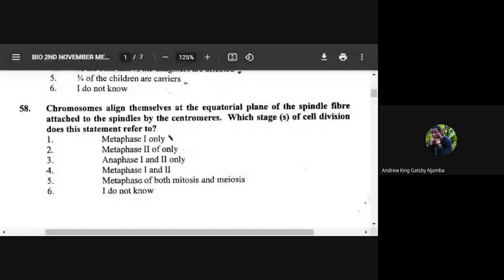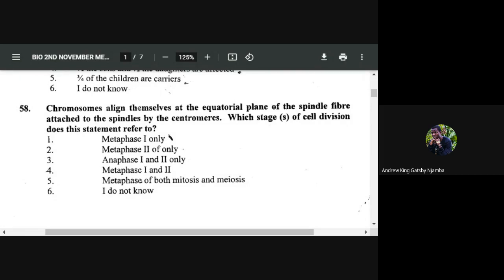And you can't go for option 5, metaphase of both mitosis and meiosis, because meiosis has 2 types of metaphase, so that wouldn't make sense. Anaphase talks about chromosomes not aligning but going away. And metaphase 1 and 2 are not the same, just like Dr. Rosemary has explained.